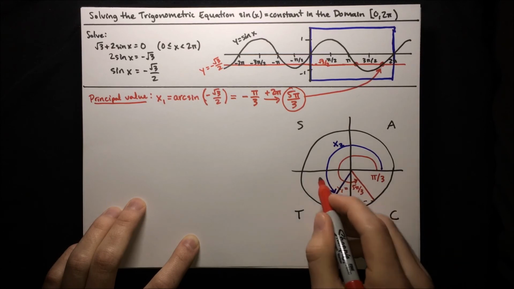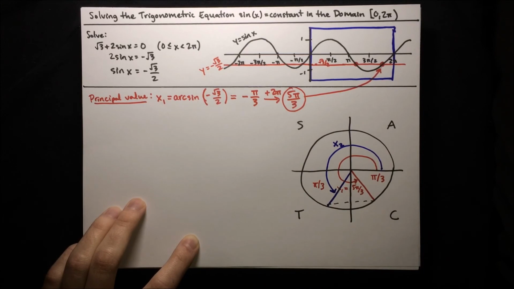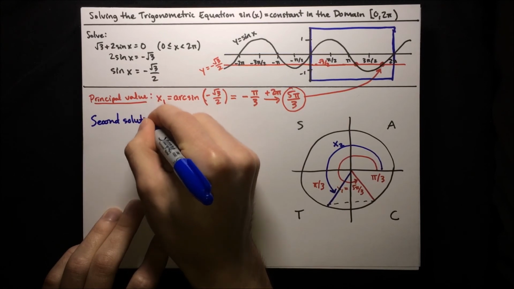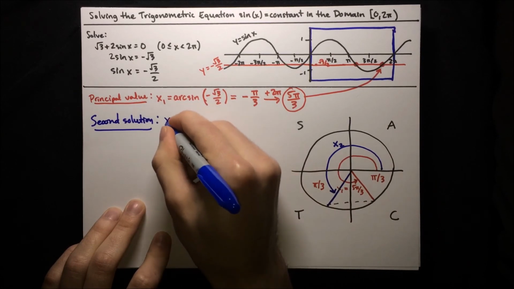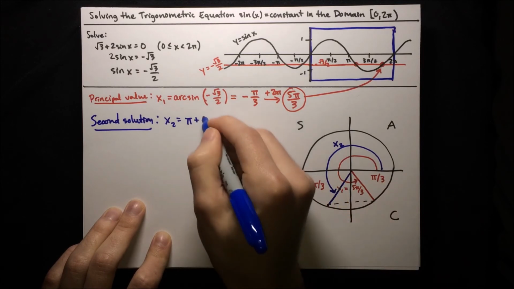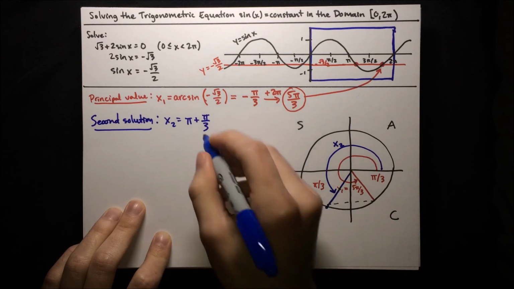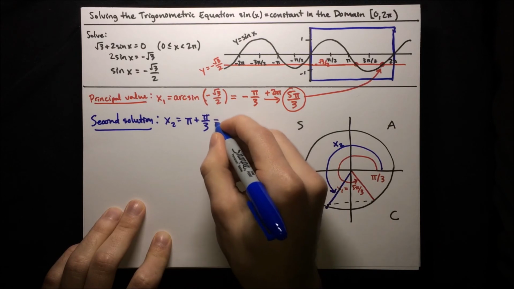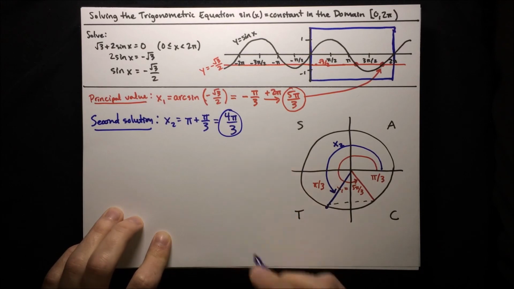And so the angle between here and here will also be pi over 3. So now we can say that our second solution is just obtained by going halfway around the circle. That's pi. x2 equals pi plus a bit more, plus pi over 3. And that'll get us all the way to our solution over here. So pi plus pi over 3 is just, well, pi is just 3 pi over 3, so this comes out to 4 pi over 3. And there's our second solution.